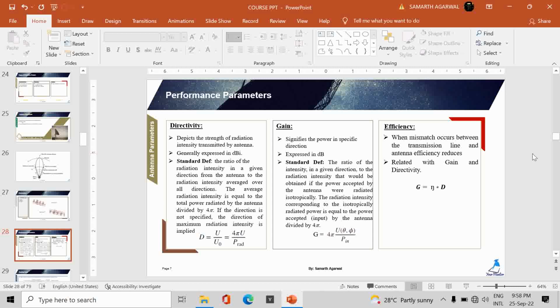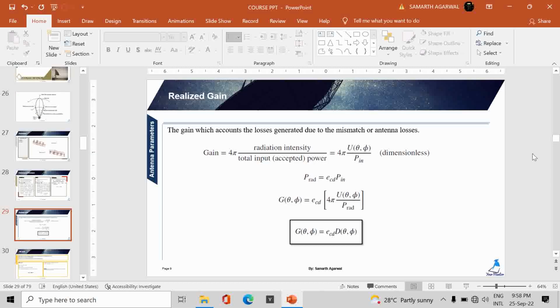In the antenna, if the impedance at the port side is not matched fully, then mismatch will occur, and in that case efficiency will reduce. So gain is equal to eta multiplied by D, where eta is nothing but the efficiency. From there you can find the ratio of the efficiency.